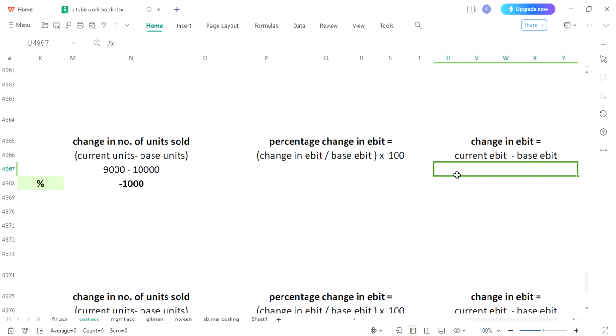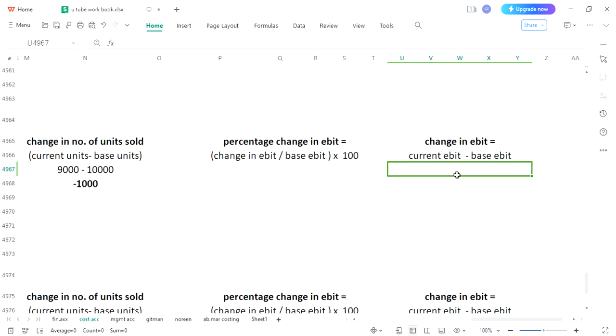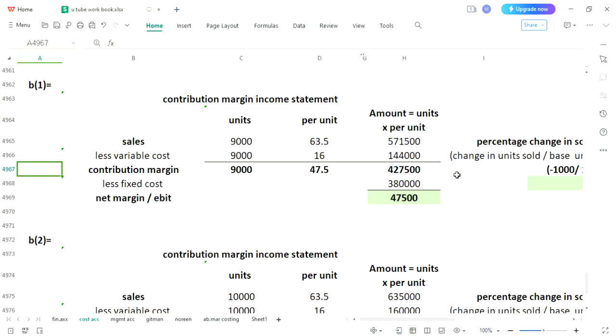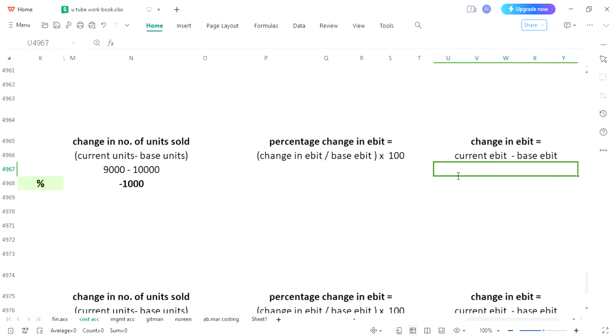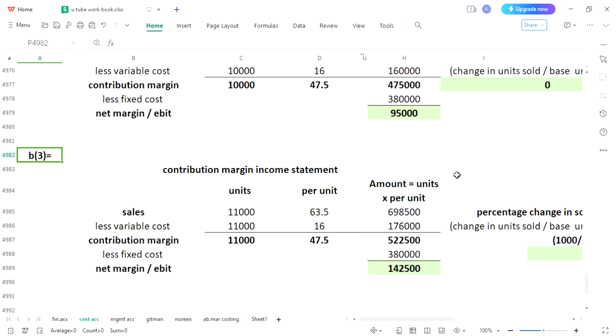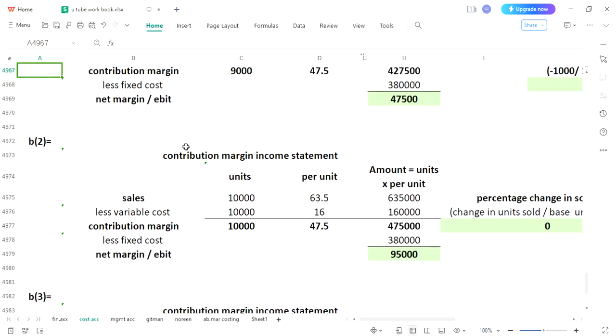You are needed to calculate current EBIT, 47,500. Okay, and you will subtract base EBIT. Base is 10,000 number of units, for which you can see over here for B2, for 10,000 number of units, your EBIT is 95,000.